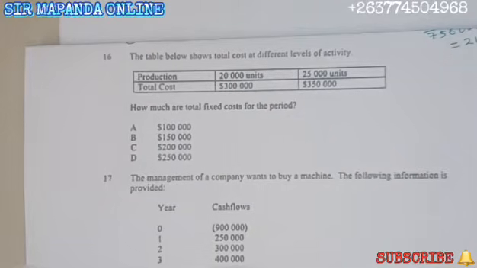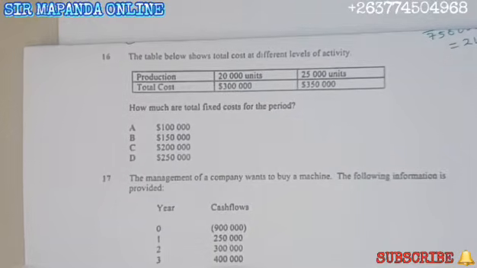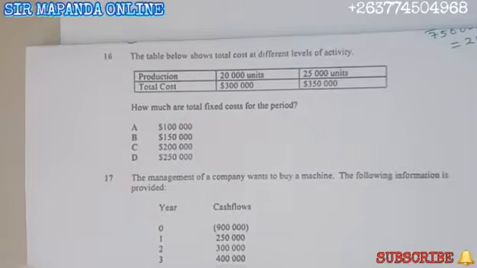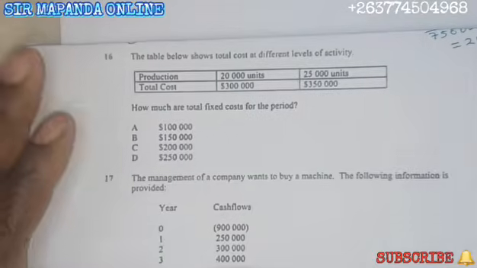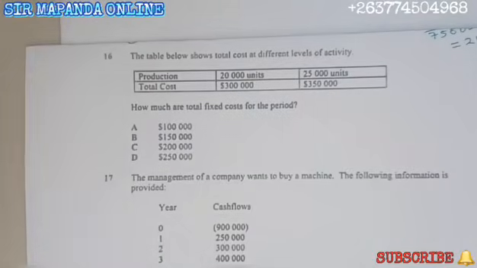It reads, the table shows the total cost at different levels. Then you are given production in units as well as the total costs for the respective output. How much are total costs for the period? Right, so the first thing is to apply what you call the high-low method.